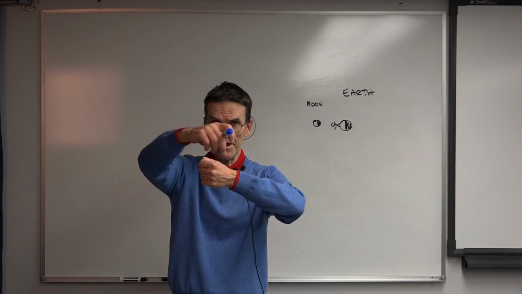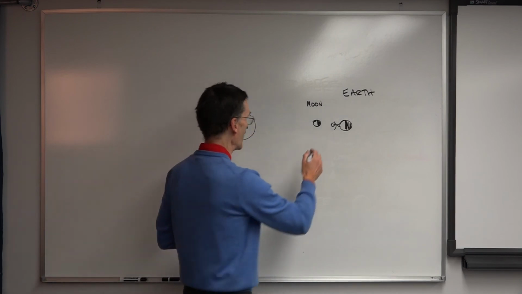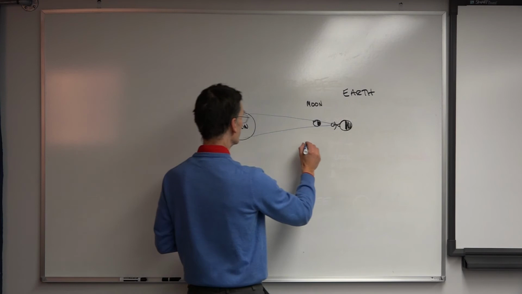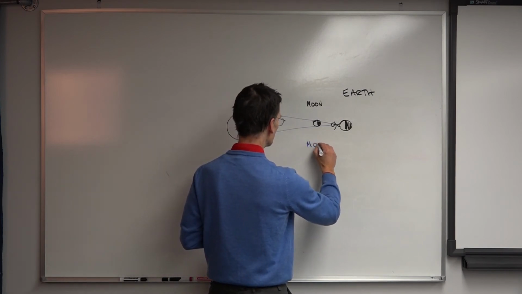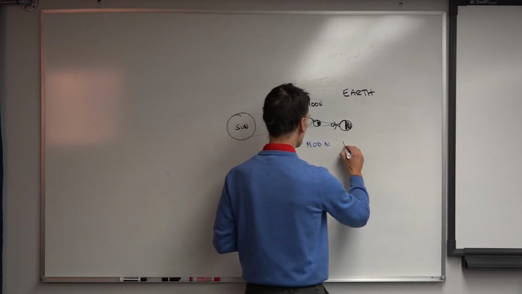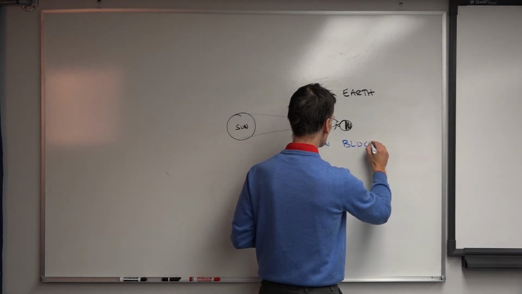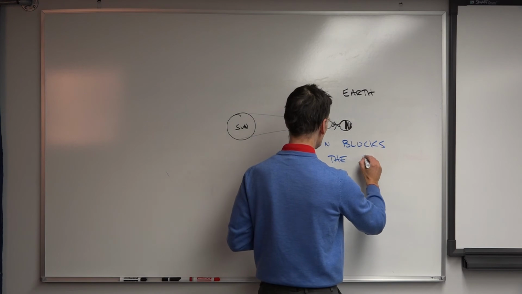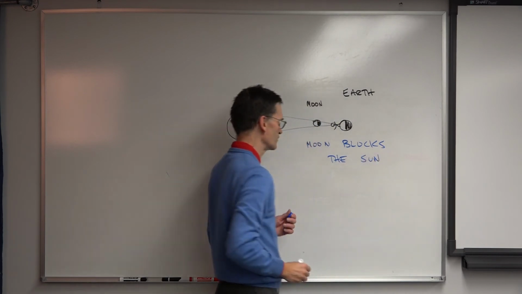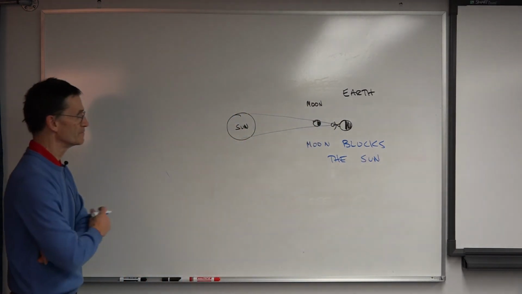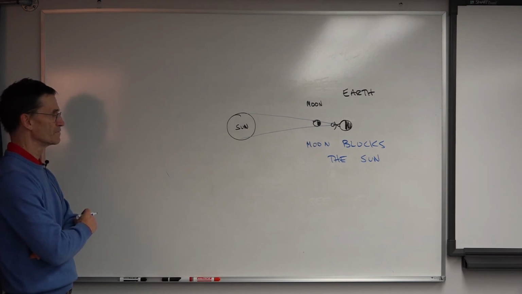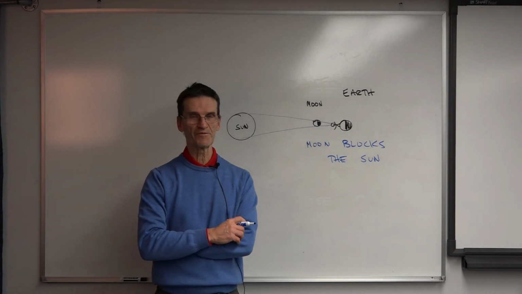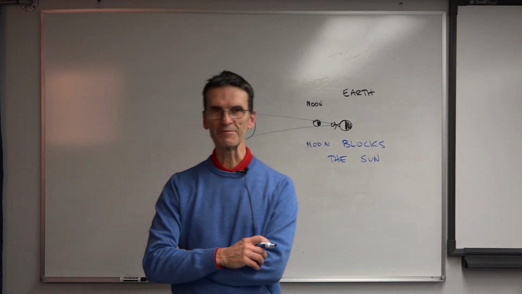Sometimes it's going to be right in the way, and it could block the sun. That happens sometimes. It doesn't happen every year.